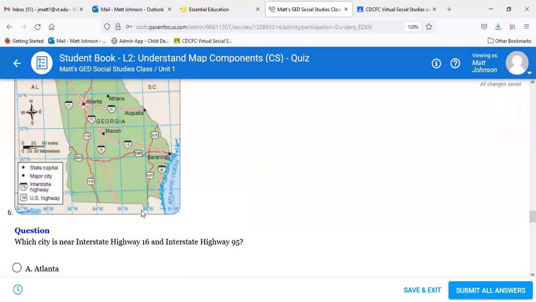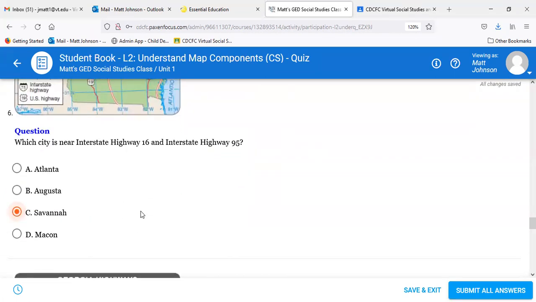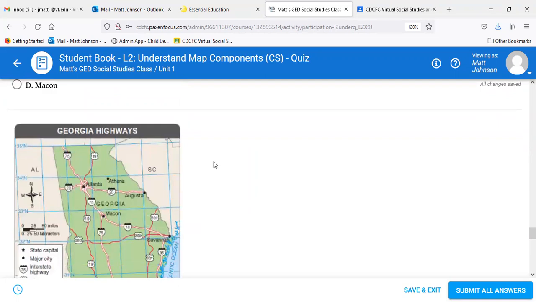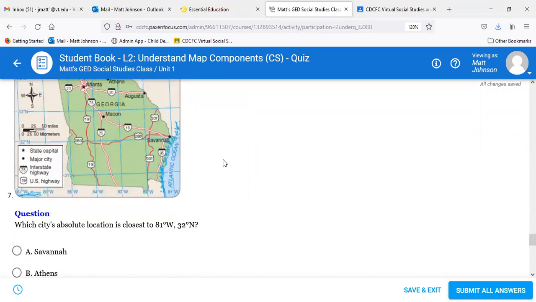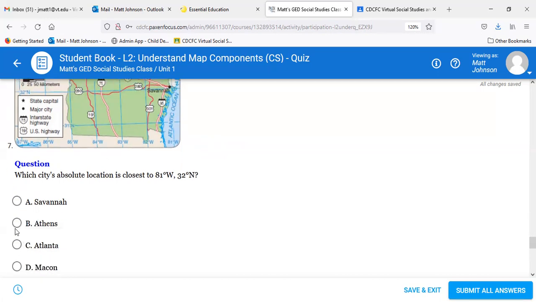So C. And then 7: which city's absolute location is closest to 81 degrees west, 32 north? A. It sits almost right on 32 degrees north latitude. Just to be on the safe side, you can see 81 degrees west right there. So A.